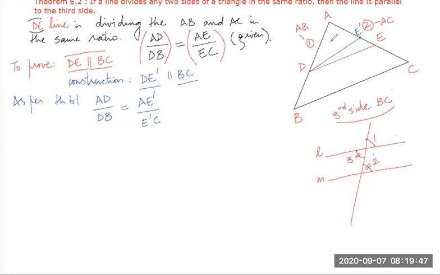Now what is the new ratio? AD by DB is equal to AE dash by E dash C. Now students, you see, but it is given. What is given? That AD by DB is equal to AE by EC. This is given. Am I right or wrong?